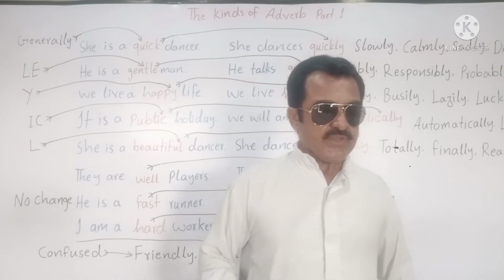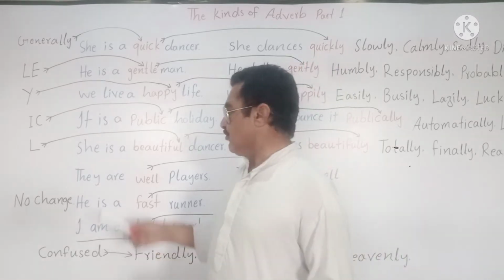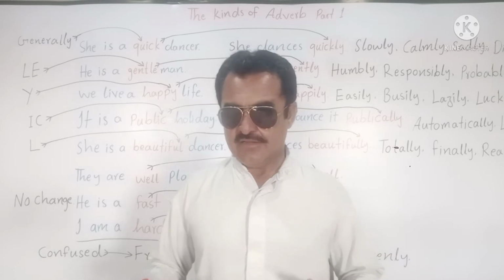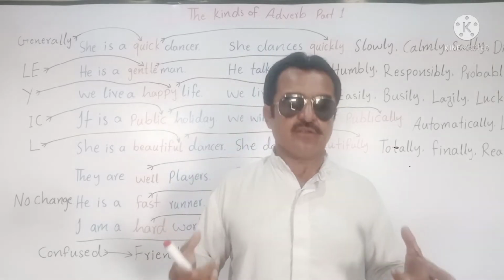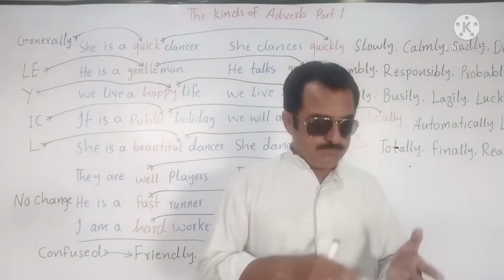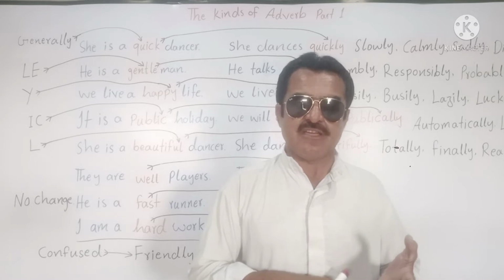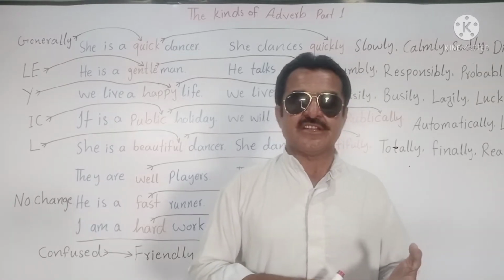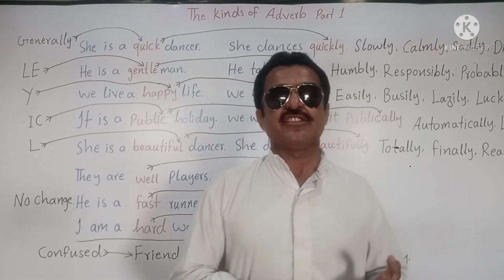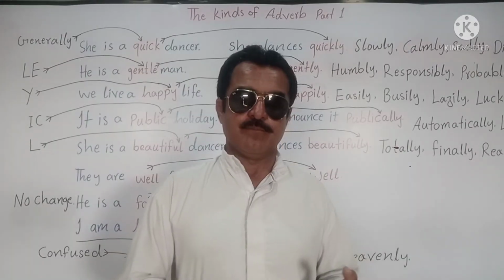We also use this well with other words, like compound or combined words: well done, well to do family, well settled family, well known person. We use it with another past participle.